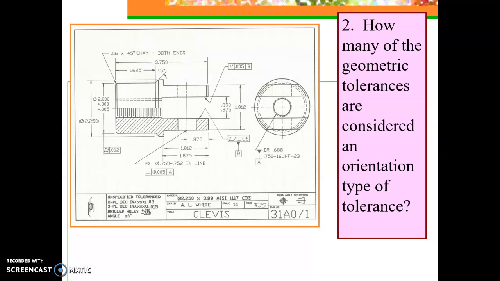So that would be the ones we just looked at in this video, which include parallel, that's one. Flatness is form, not orientation. Perpendicular, that's an orientation one. Cylindricity, again, is form. So 2 out of the 4 are considered orientation types.